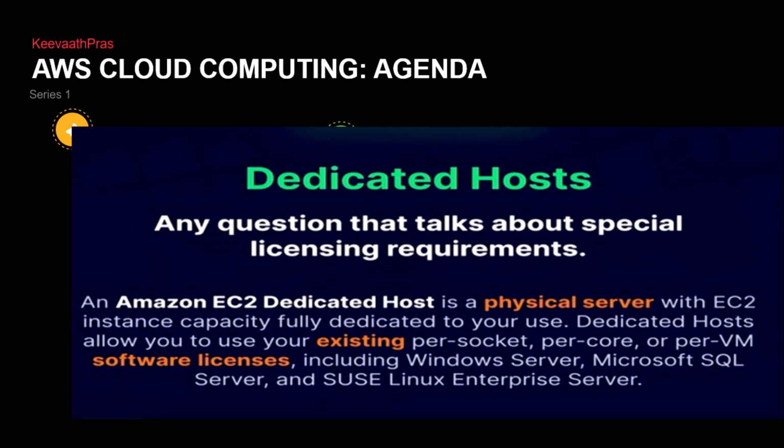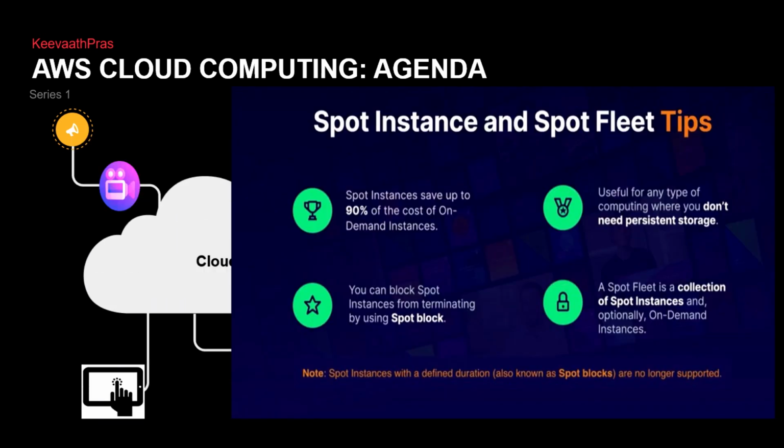The dedicated host, we saw that is a physical server, with special licensing requirements. And then we saw about the spot instance and the spot fleet. Spot instances, we saw that 90% off, and to stop the spot instances from terminating, we use a spot block. This is what I mentioned at the time.